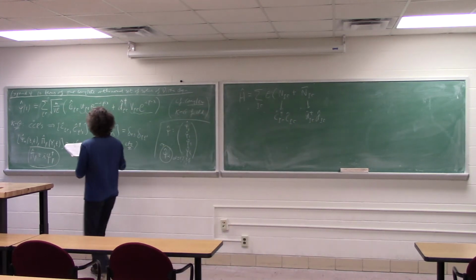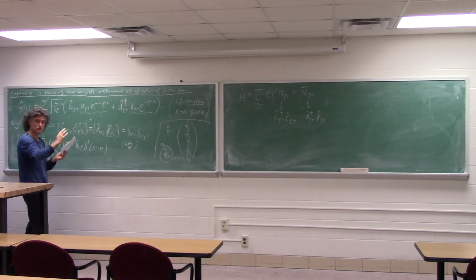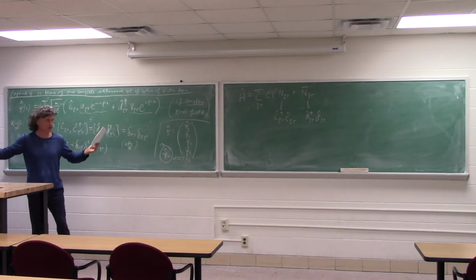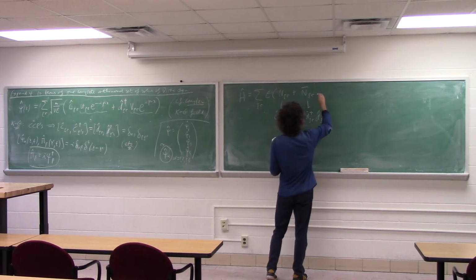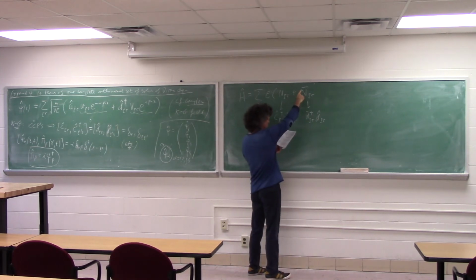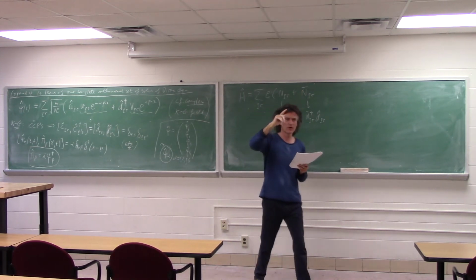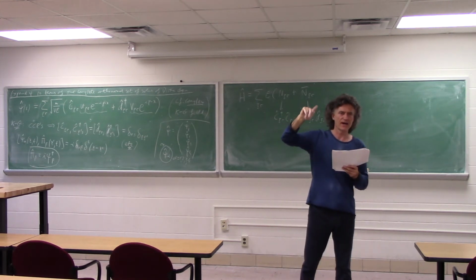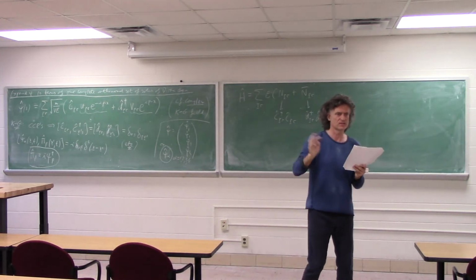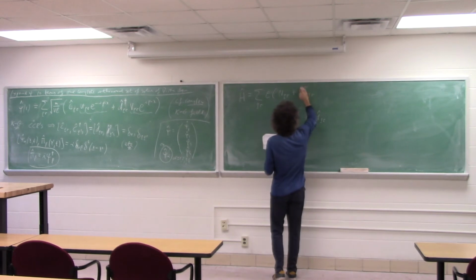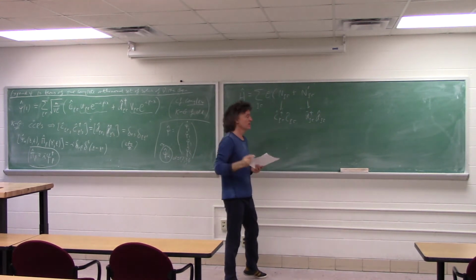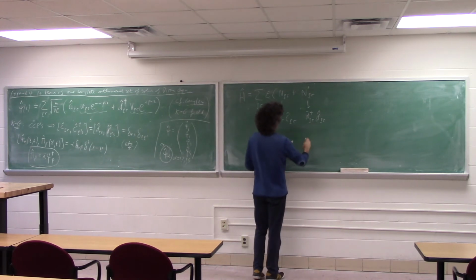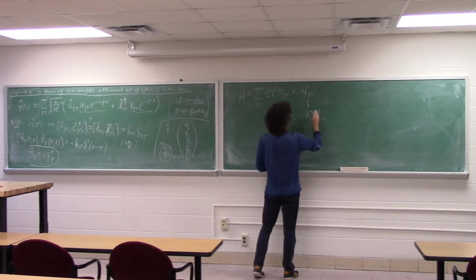Here I've got two types of annihilation and creation operators, two types of particles, just like the complex Klein-Gordon field, which has two number operators, one for each type of particle. Note that this overbar has nothing to do with ψ bar being ψ dagger times γ⁰. It could just as well have been n prime, just a number operator corresponding to the other type of annihilation and creation operator.